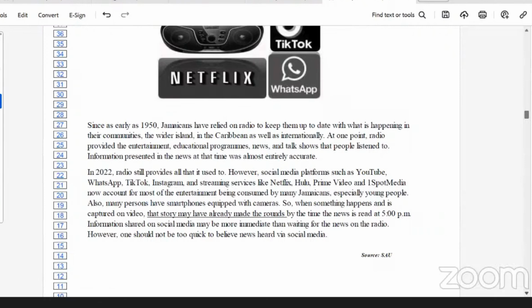Also, many people have smartphones equipped with cameras, so when something happens and is captured on video, that story may have already made the rounds by the time the news is read at 5 p.m. Information shared on social media may be more immediate than waiting for the news on the radio. However, one should not be too quick to believe news heard via social media.